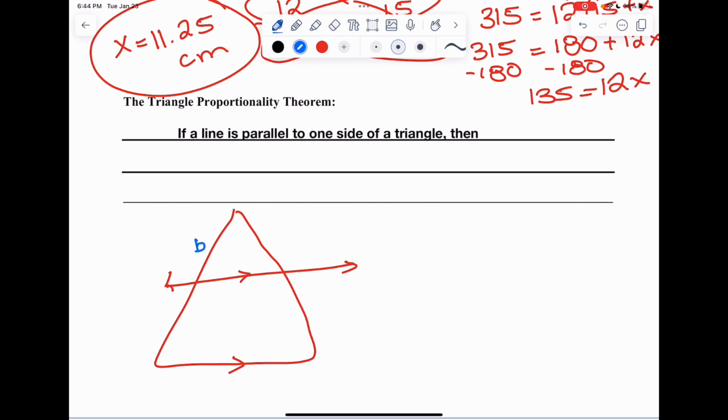What that means is, notice how I drew a line parallel to one side of the triangle. I can say that B over A equals C over D. This parallel line splits the other two sides of the triangle proportionally. So I can make a proportion where I compare B over A, and it will equal C over D.